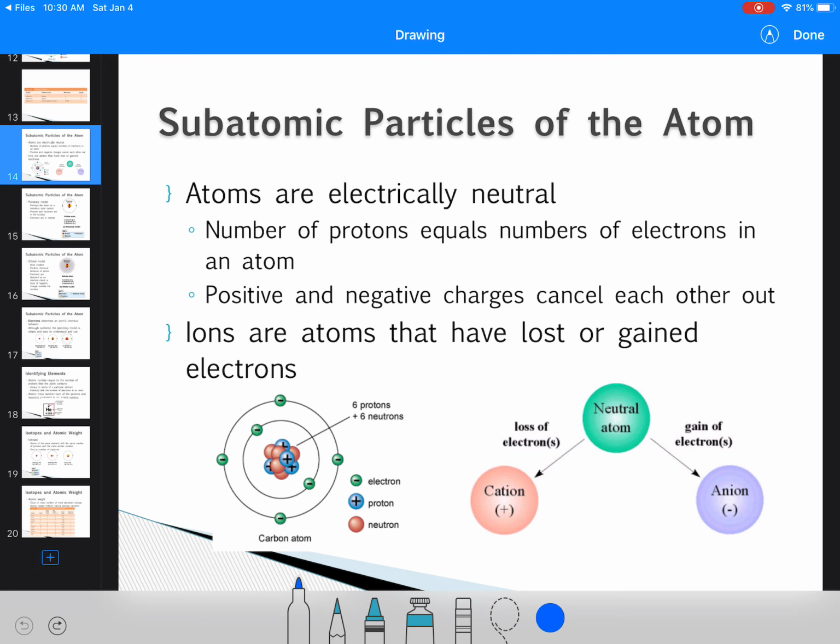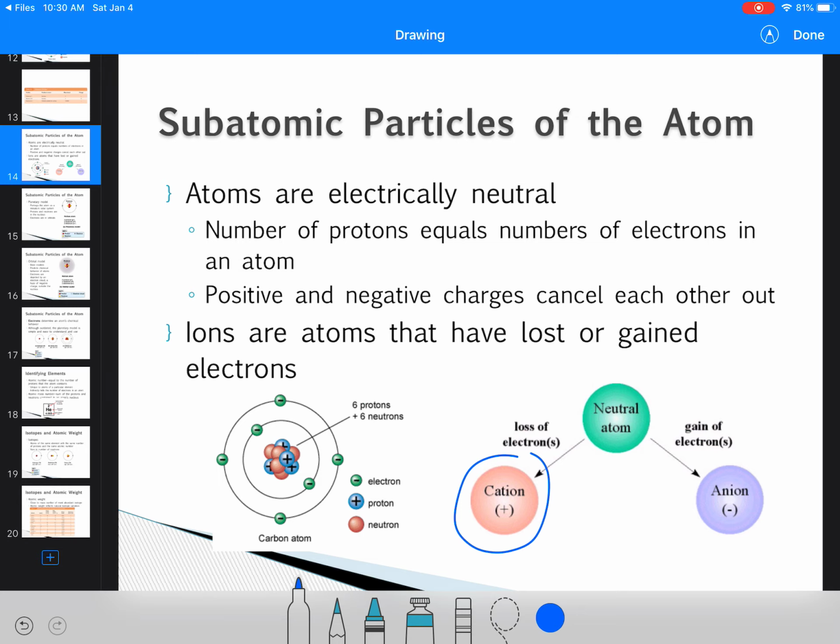Then that means it's going to be losing a negative charge. So the overall charge of that atom is going to become more positively charged, right? So any atom that loses electrons is going to become a positively charged ion, which is called a cation, as you can see there, okay?